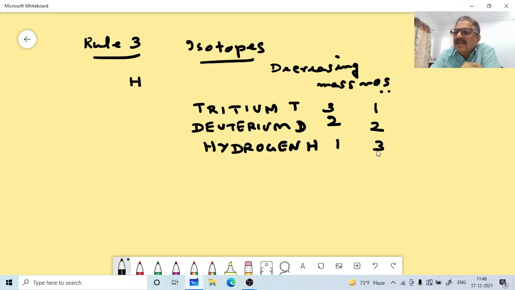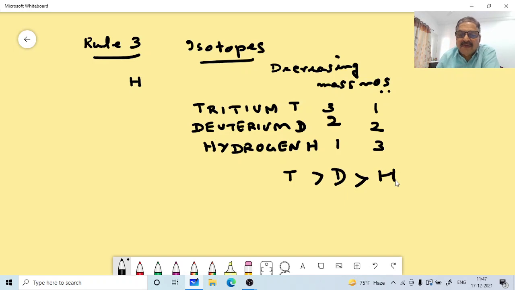Correct? So assign priorities in the order of decreasing mass numbers. Tritium has mass number 3, so the priority will be 1. So tritium, deuterium, then hydrogen.